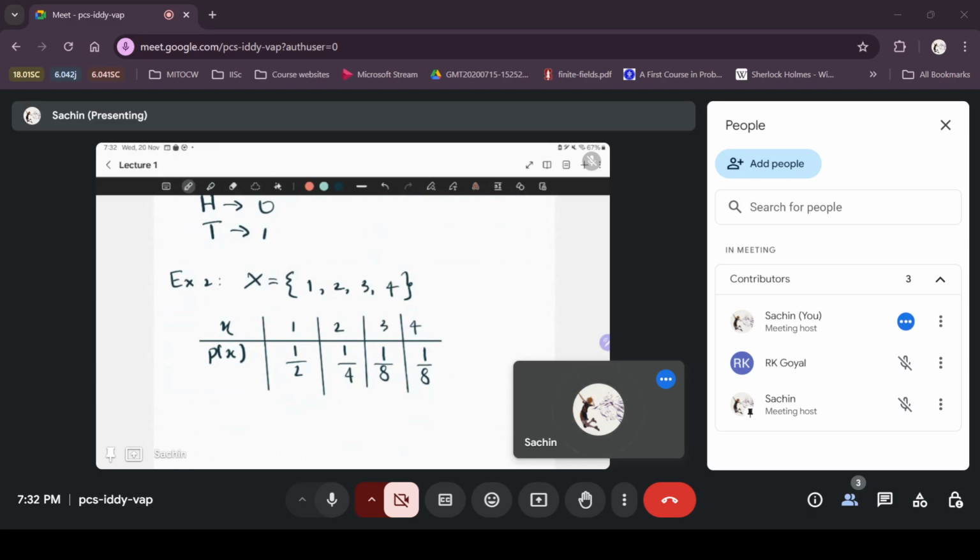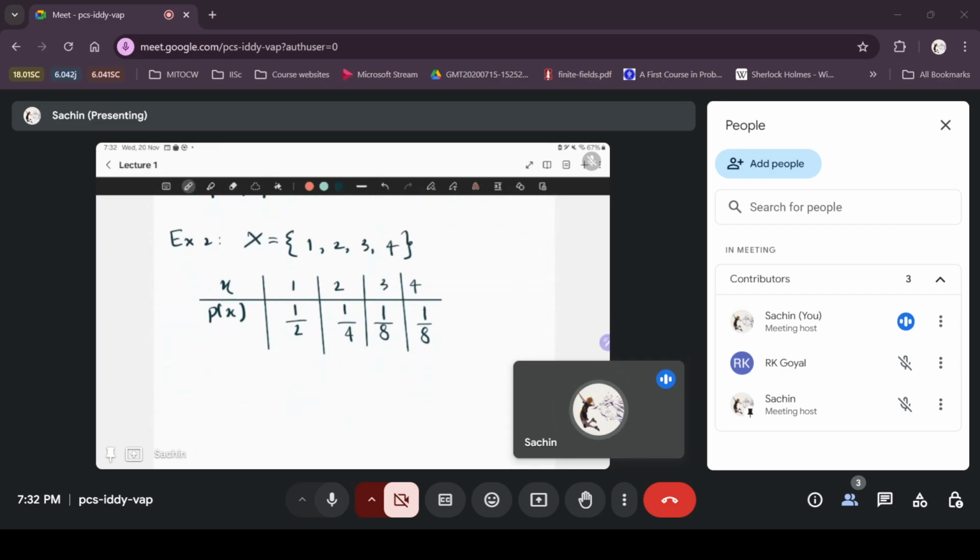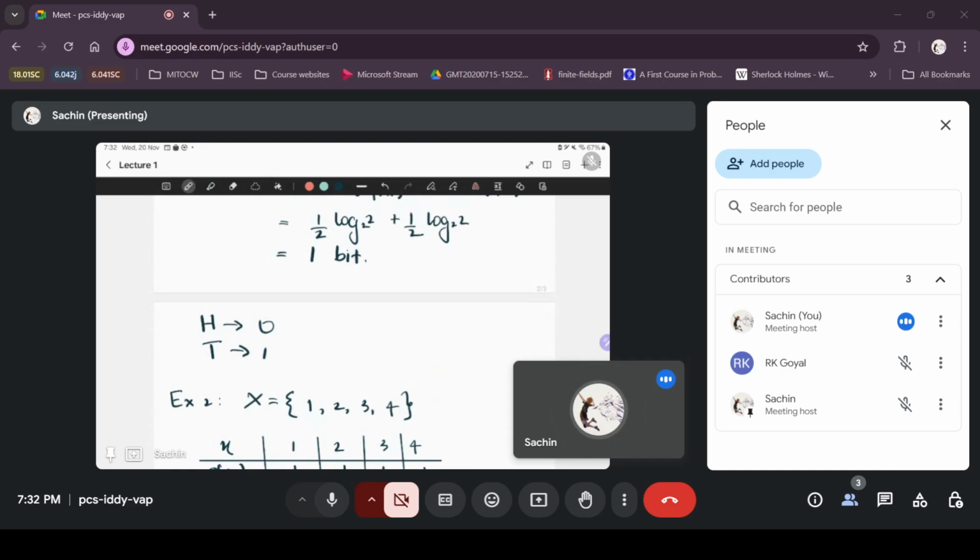So let's say x can take four possible values. Let's say you represent each of the four possible values uniformly by 2 bits each. Like here you did 1 bit each because there are two outcomes.